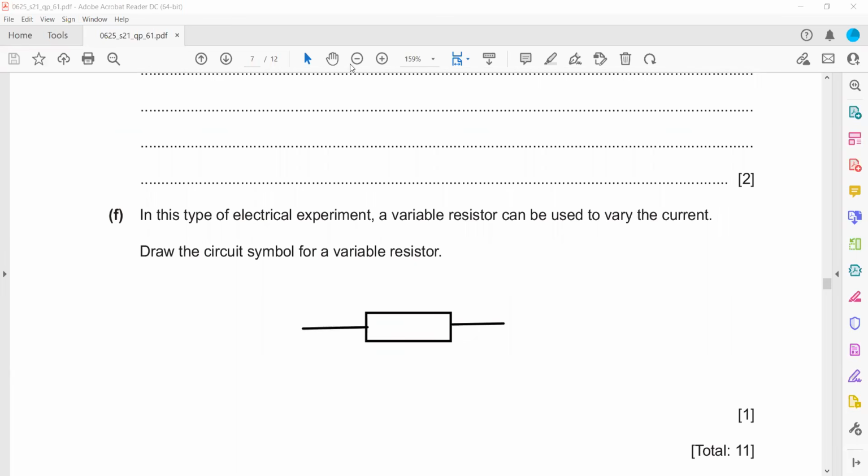A cross means a diagonal arrow across the box, or you can also draw a rectangular box with an arrow representing the movable part. So any one of them you can draw. So better draw this one. So this was May, June 2021 paper 2.